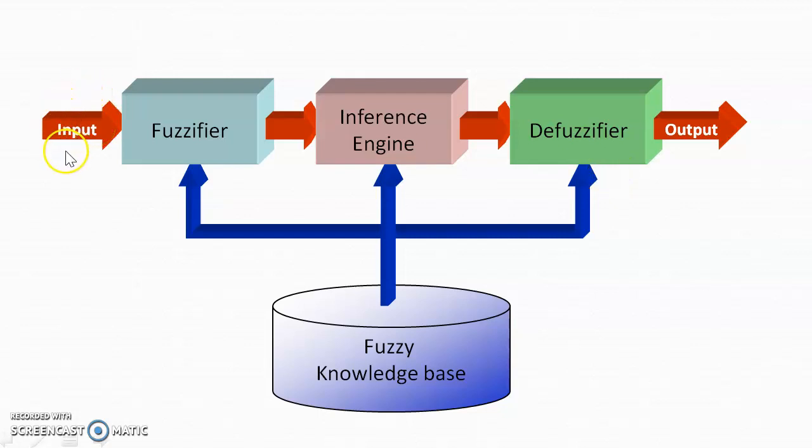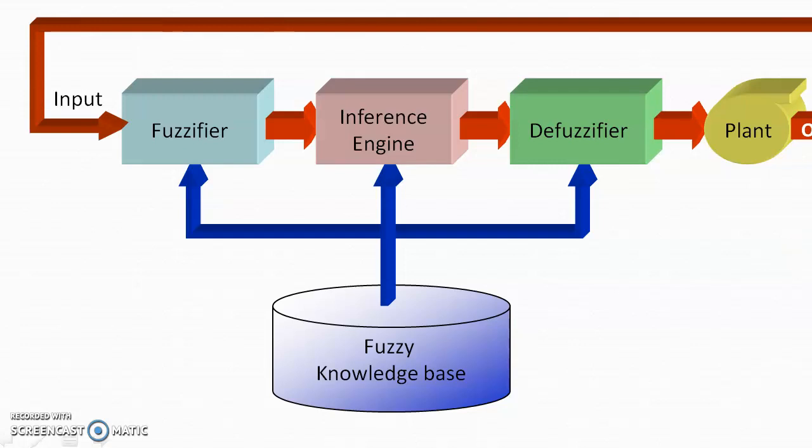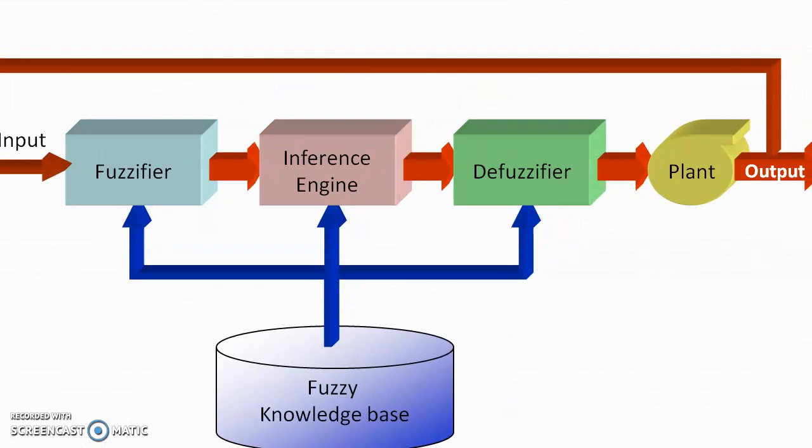You can also see that there is one input side and an output side. Now the question is, what kind of input and output variables are there in case of fuzzy systems? If we are going to research on this, then it is better if we look at one fuzzy control system.